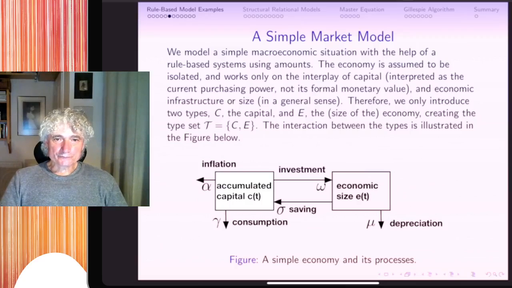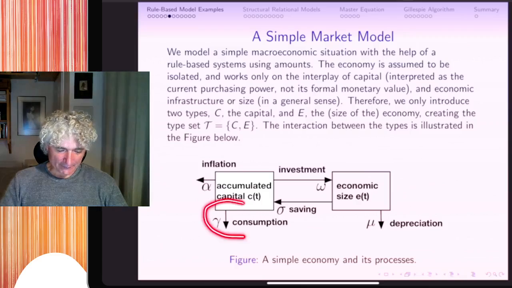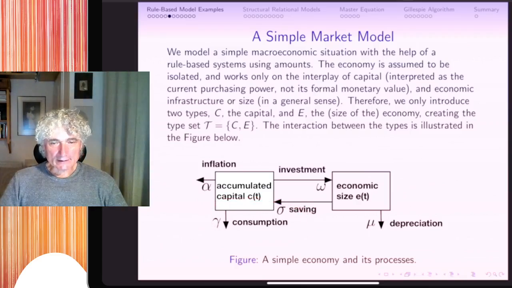Then of course it is important to understand that in the end the economy should of course serve the human population, at the moment, at least before the machines have taken over. So there will be a certain rate gamma, the consumption rate, which of course will use capital.